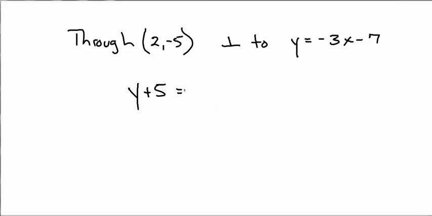Positive 1/3 times x minus 2. What's the negative reciprocal of negative 3? Right, negate it, which makes it positive, and you take 3 over 1 and you flip it.